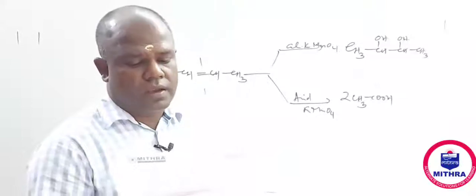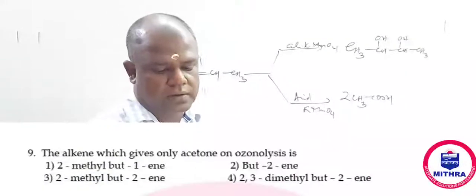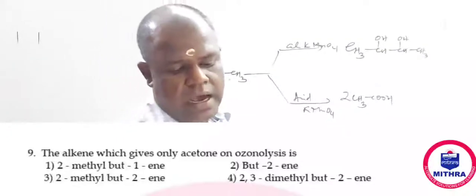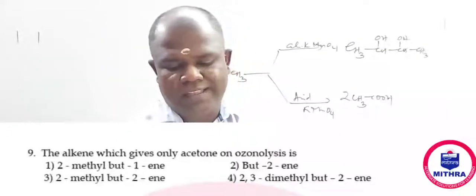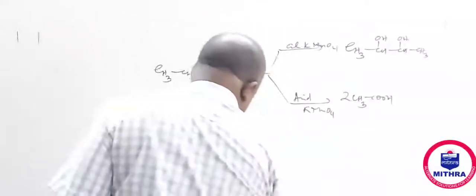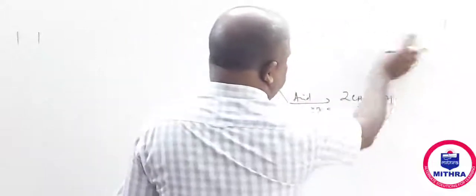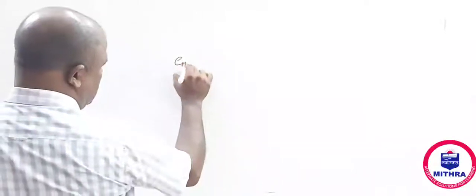Agree. Then question number 9. An alkene which gives only acetone on ozonolysis. That means you are getting 2 units of acetone. You know how to produce the original alkene from the ozonolysis product. What is acetone?